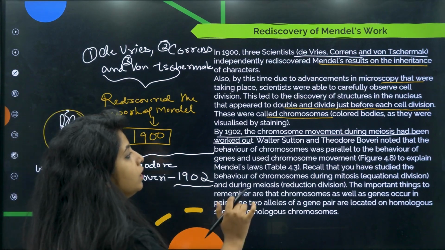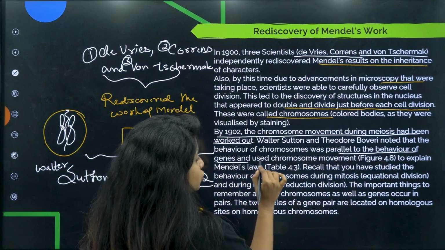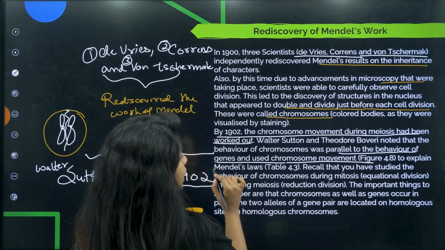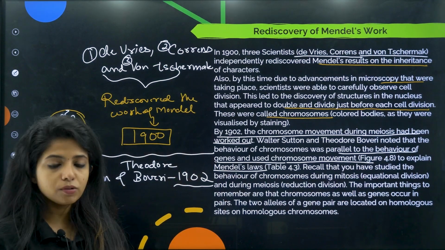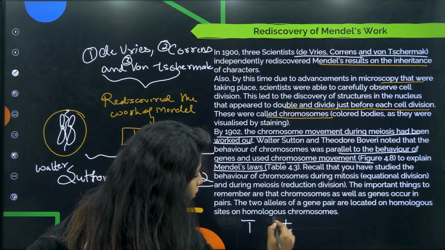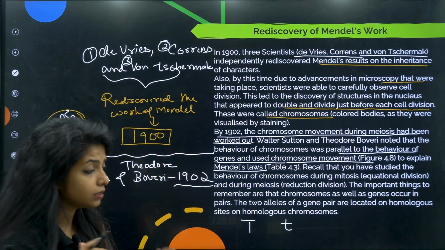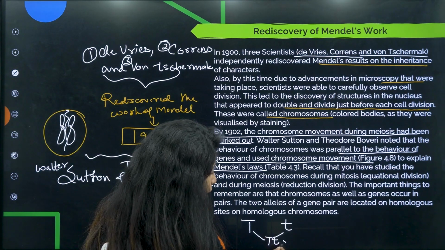Now they noted that the behavior of chromosomes was parallel to the behavior of genes and used chromosome movement to explain Mendel's law. So Mendel always used to say that, for example, if some plant is tall and the other is dwarf, basically if you have 2 factors, these factors are coming down and now you have a pair of factors.